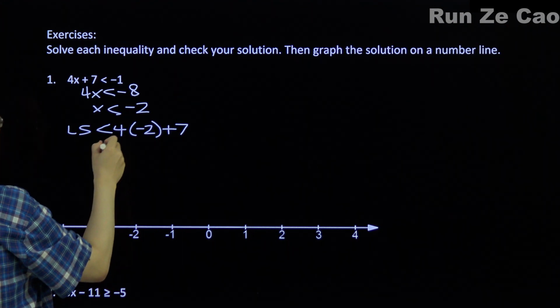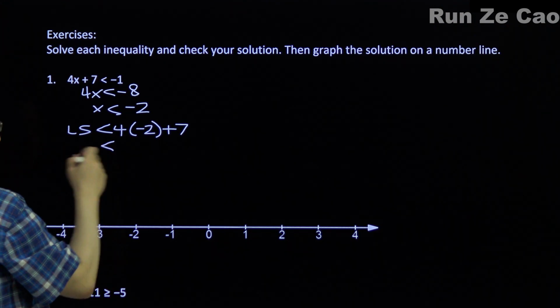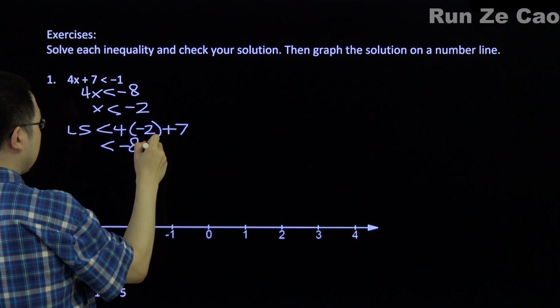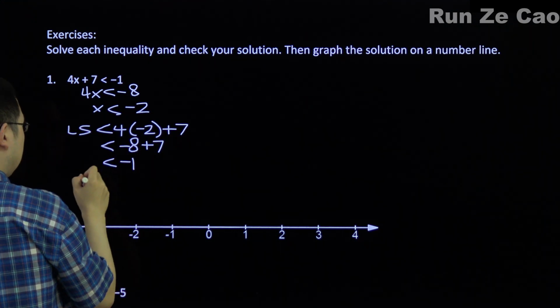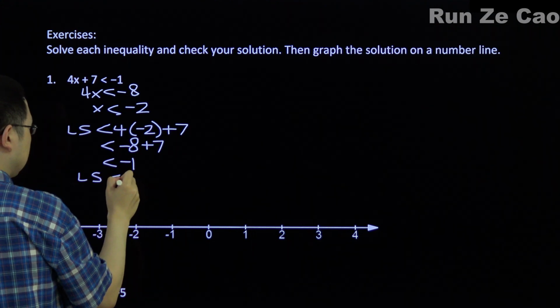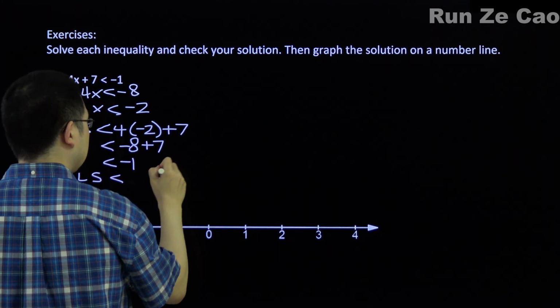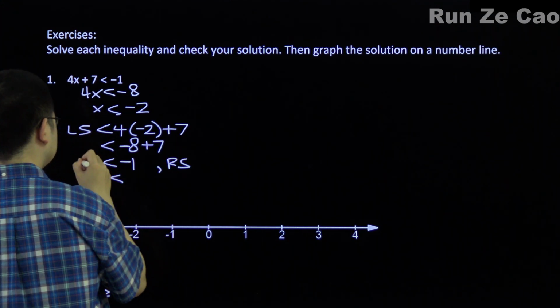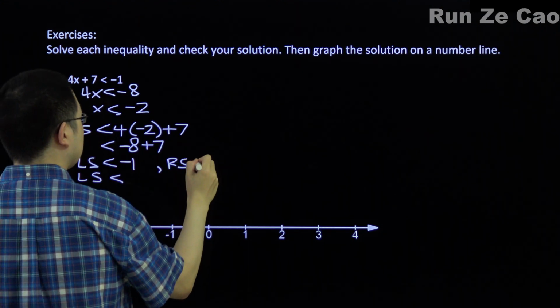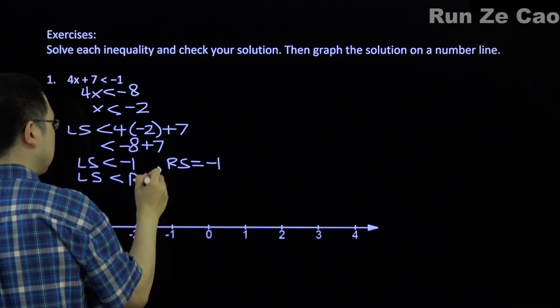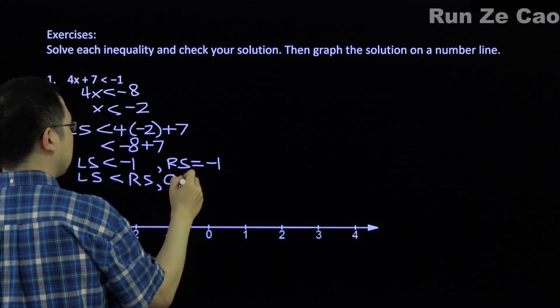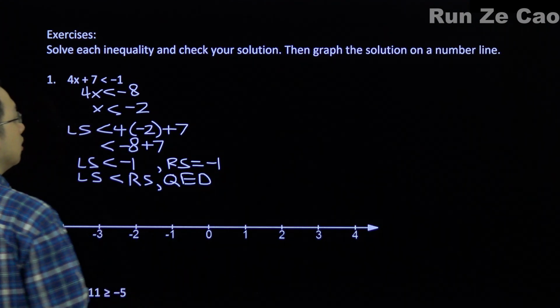And that means it's less than negative 8 plus 7. So less than negative 1. And thus left side is less than. Now we consider that right side is equal to -1. Left side is less than right side. Thus, what's been asked has been shown.